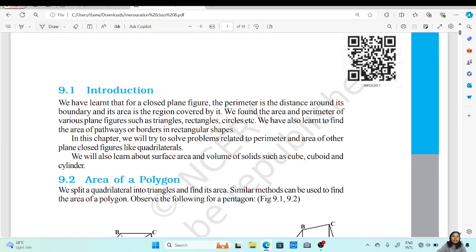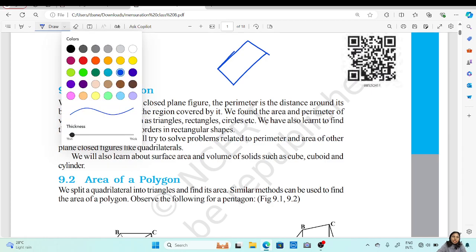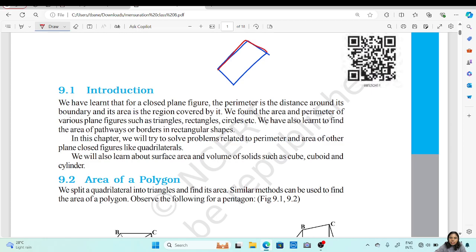Say I have a rectangle. When we talk about the perimeter, it is this distance plus this and plus this. So the perimeter is the distance around the boundary.